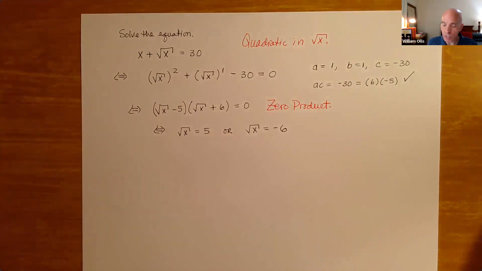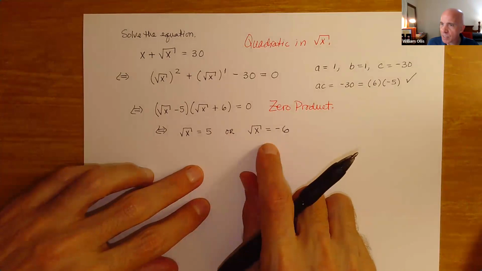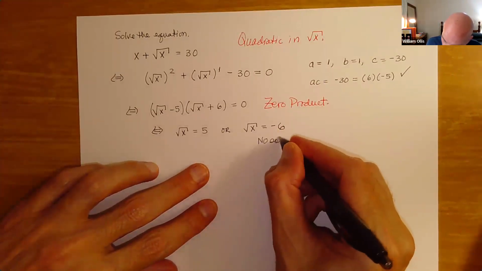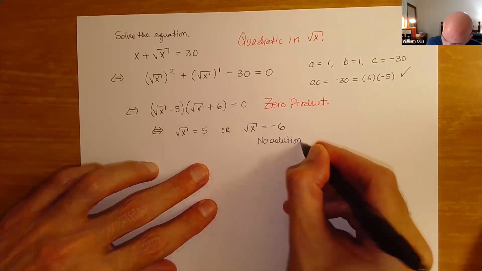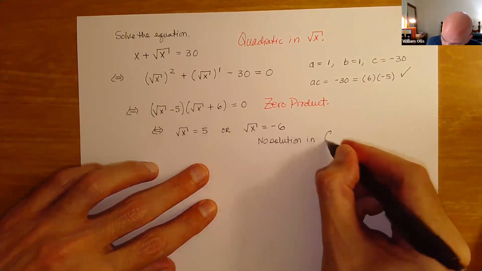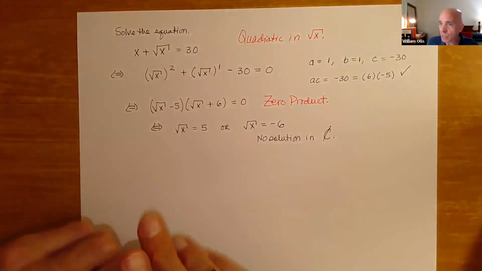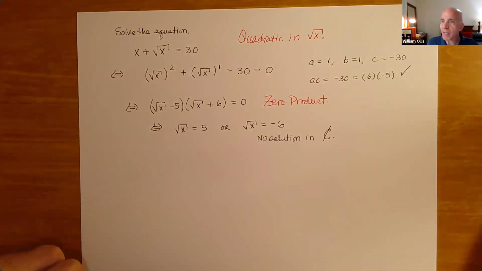So even if you assume that, you're not going to get a solution here. So this just has no solution, no solution in C. It's not that it doesn't have a real solution, it just doesn't have a solution.